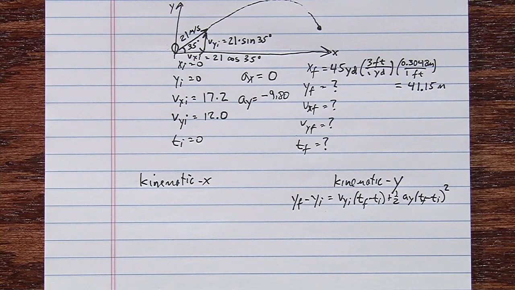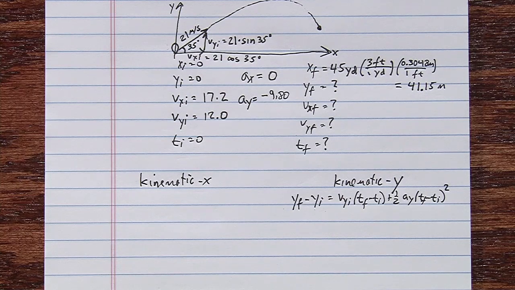So that has Y final, which we're looking for, Y initial, which we know, Vy initial, which we know, T final, which we don't know, T initial, which we know, AY, which we know. So we could use this equation to find Y final if we can find T final from our X equation.